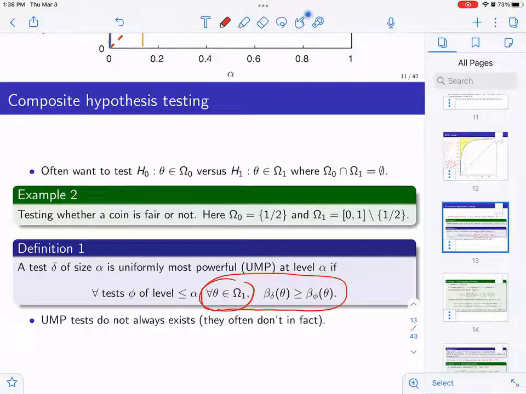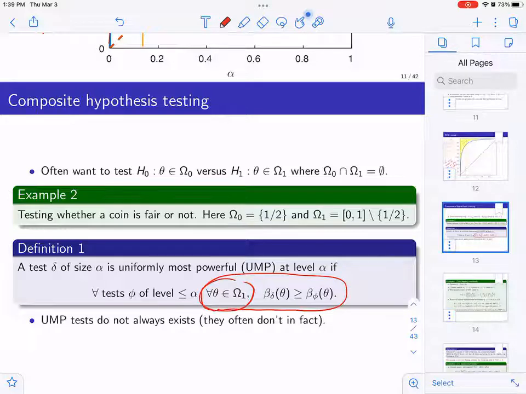And you can imagine, the level also here is like the supremum over omega naught. So there are two extensions here. A test of level alpha has to have this power function at most alpha over the null set. So we're looking at these tests.